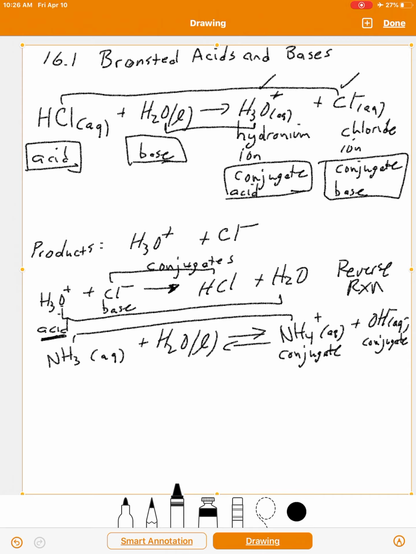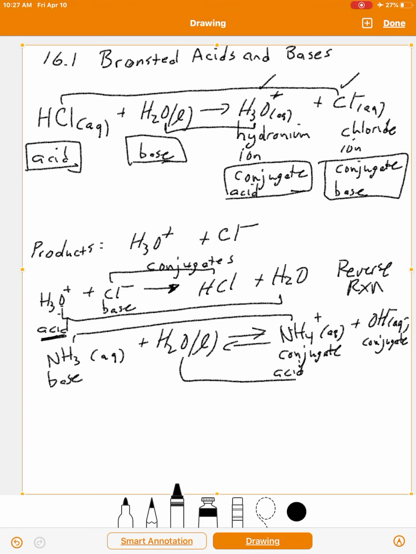So the NH3 is gaining an H plus, so it's an acceptor, so that means it's a base. So the ammonium has to be the acid, right? If the NH3 accepts an H plus, that makes NH3 the base. The reverse reaction, NH4 plus, would give up the H plus, so that means it's an acid.